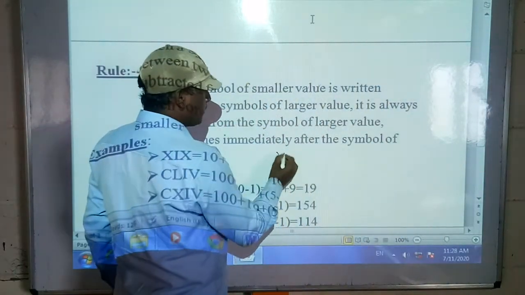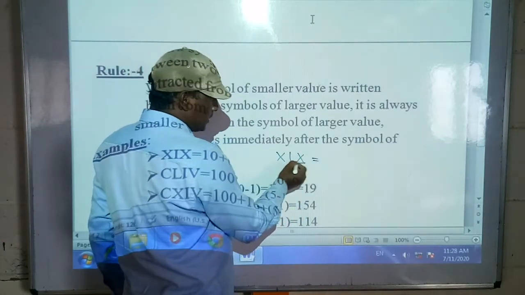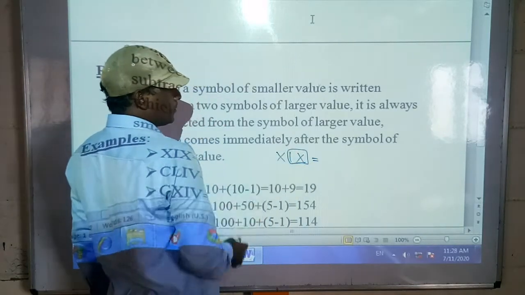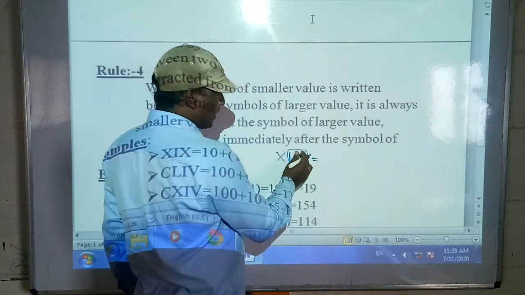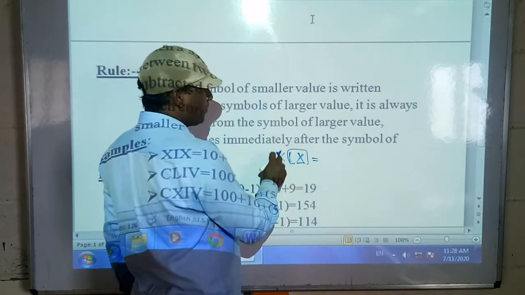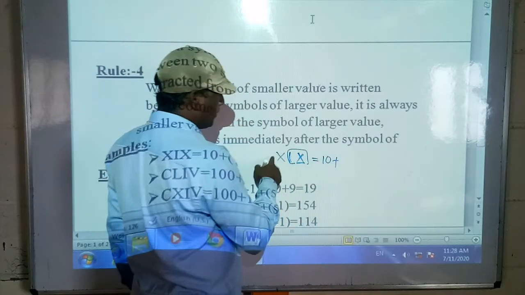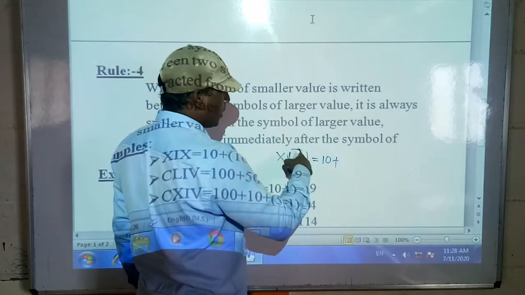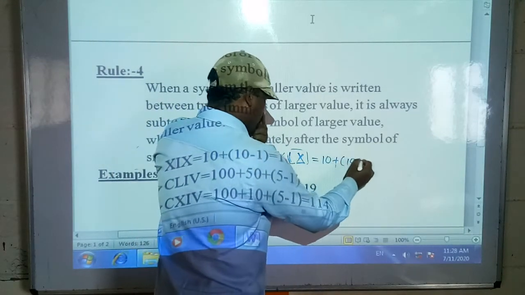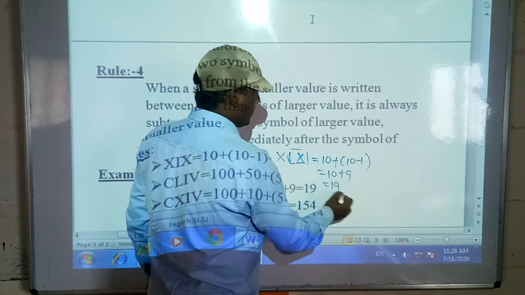You should remember that with a number like this, first you do this one, and after that you add the other. So IX is a big number with a smaller number before it, so you subtract, and add the result to the 10 on the left. That is 10 plus (10 minus 1), which is 10 plus 9, equal to 19.